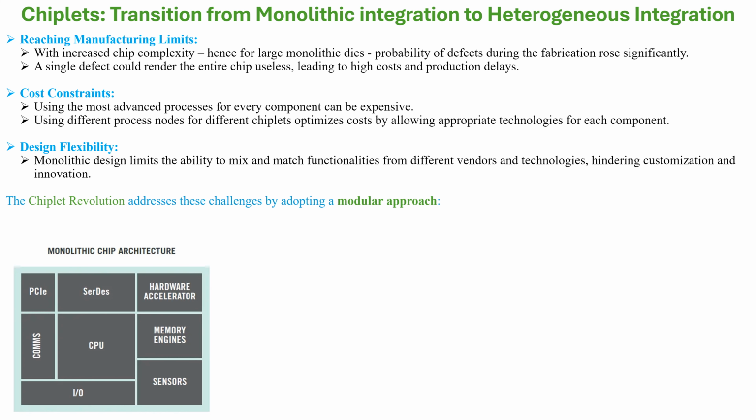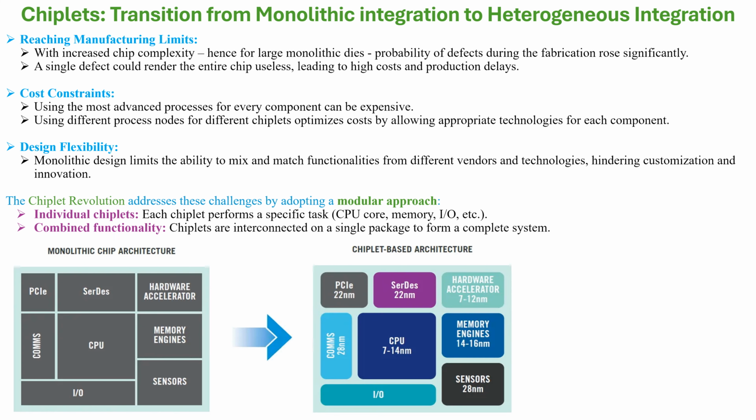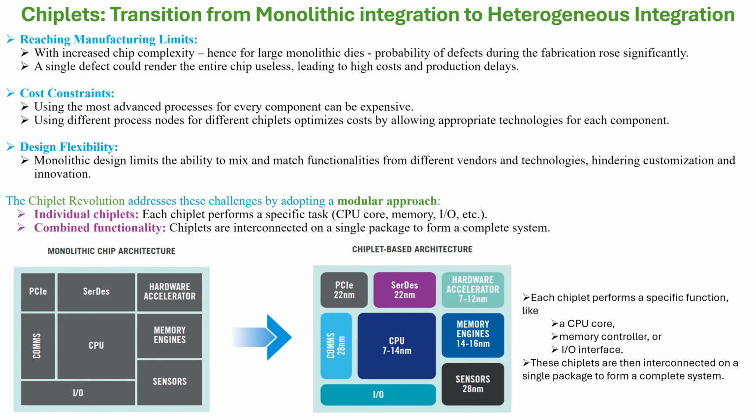Then what is the solution here? The chiplet revolution addresses these challenges by adopting a modular approach. What is the modular approach? It is the chiplet-based architecture. It has individual chiplets and we combine the functionality.